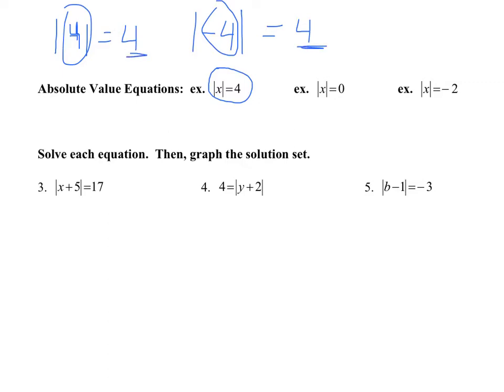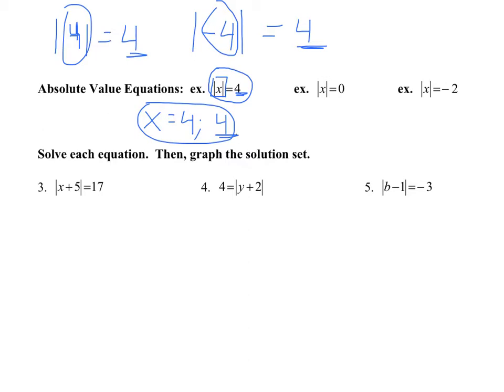So we get 2 answers: x equals 4 and x equals -4. If you put it back in, the absolute value of 4 is 4, and the absolute value of -4 also equals 4. Most absolute value equations give you 2 solutions. You just take whatever's inside the absolute value, set it equal to this number, and then also set it equal to the opposite.